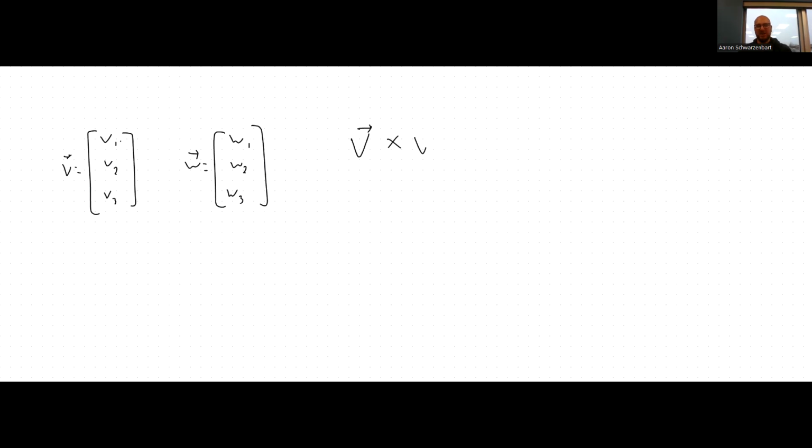V1, V2, V3. And this is going to be a three-dimensional vector V and W. And what we're going to do is V cross W. And you do have to use an X for multiplied this way.